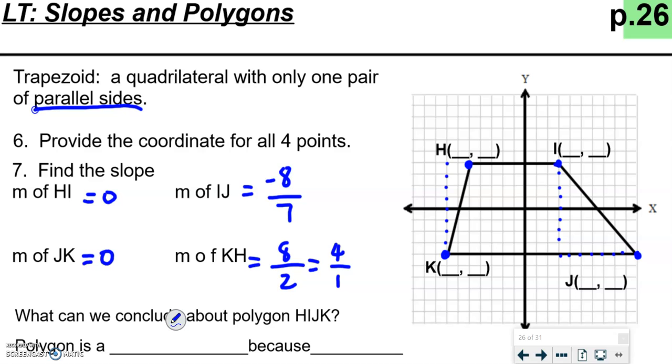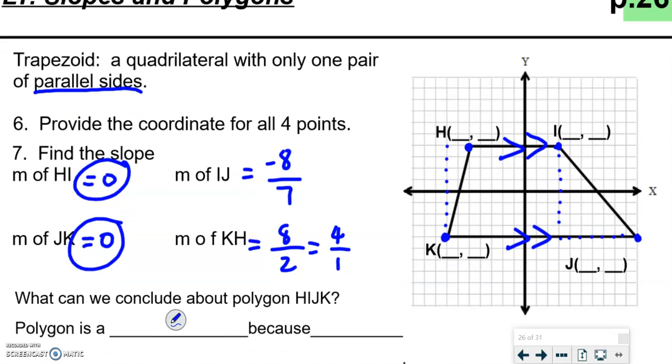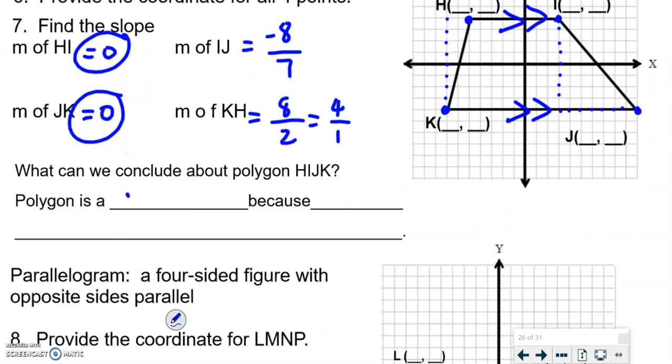And you can see that we have 2 lines that have the same slope. So therefore, we can say that these 2 sides are parallel, and that's enough to say it's a trapezoid. It's a trapezoid because it has 2 parallel lines. Not 4, only 2 of them are parallel.